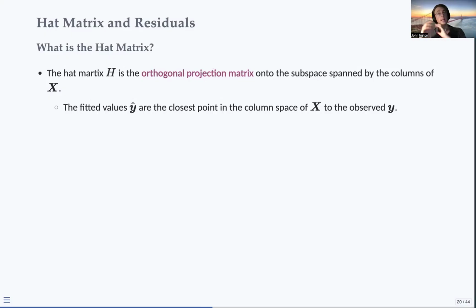It's moving Y into this column space of X, and it's directly linearly mapping to the closest point in that space.